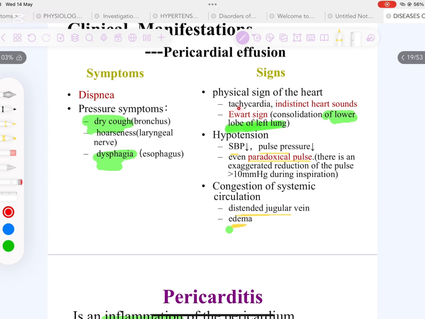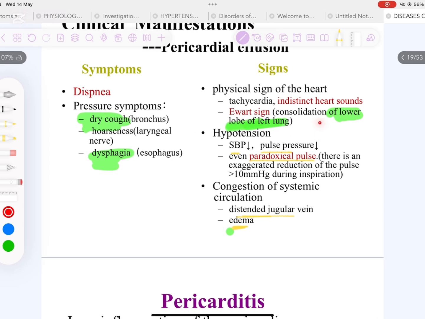Then for the signs, you can notice tachycardia, increase in heart rate, and indistinct heart sounds. You can also notice Ewart's sign. That is when there's consolidation of the lower lobe of the left lung. By consolidation, we mean that you're going to be hearing bronchial breath sounds, because most times the effusion affects the left ventricle.